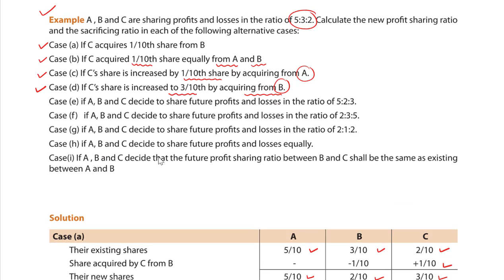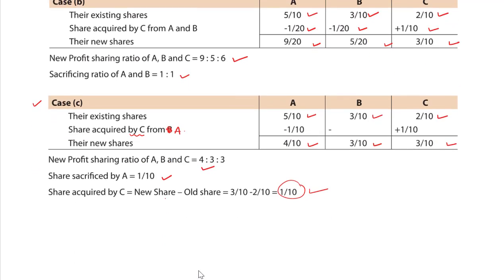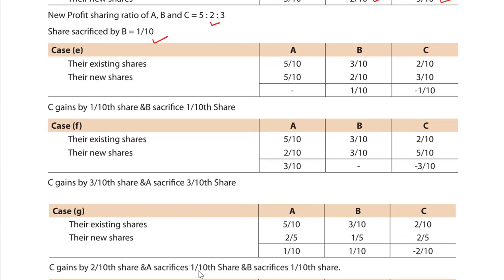Case E. If A, B and C decided to share future profits and losses in the ratio of 5 is to 2 is to 3. Case E. Existing shares 5 by 10, 3 by 10, 2 by 10.